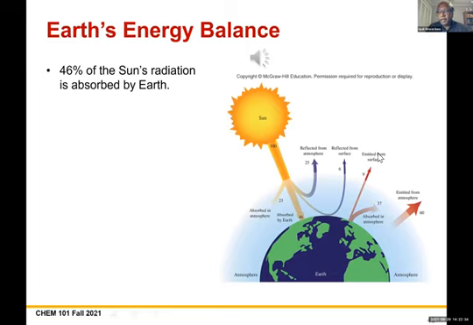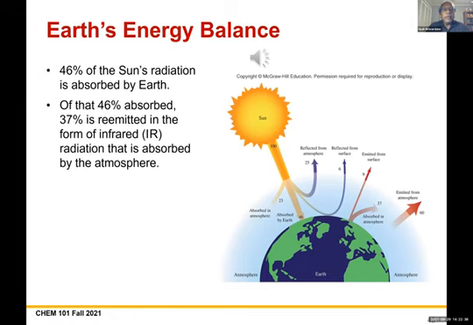Therefore, 46% absorbed, 37 is re-emitted to the atmosphere. There's a balance of 46 to 37, about 9% is absorbed by the atmosphere.